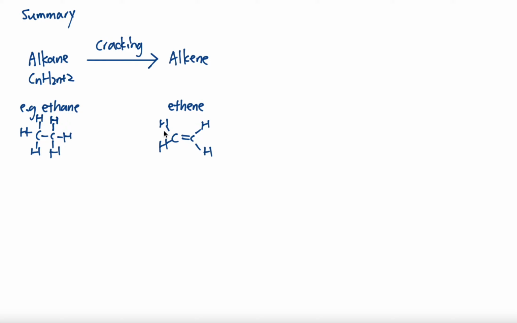How can it become an ethane backwards? We can use an addition reaction. We need to add 2 hydrogen atoms on, so the addition reaction would involve a hydrogen molecule. This is called hydrogenation.